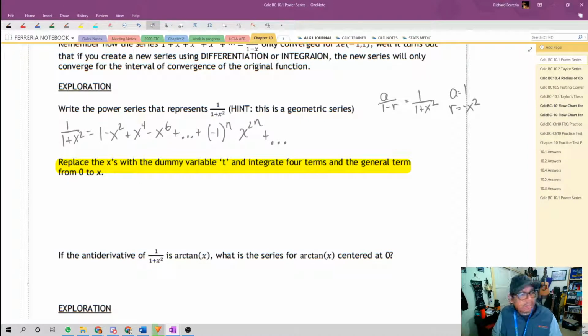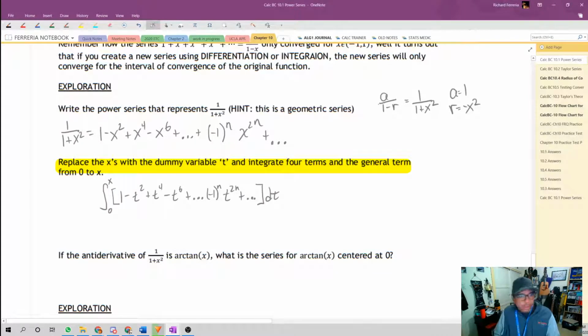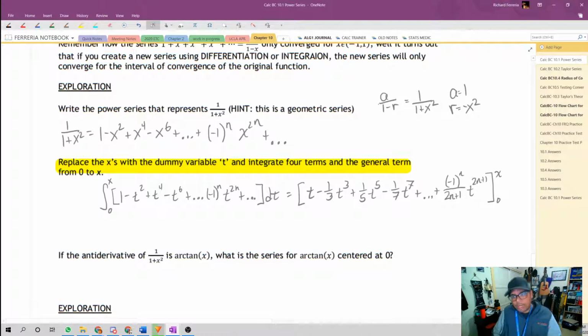So let's just integrate. Let's set up the integral to start off with. So we have our antiderivative. The only weird one here is t to the 2n, and the new power here is going to be t to the 2n plus 1. So we also divide by 2n plus 1.